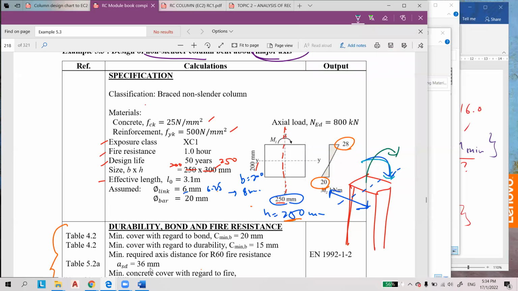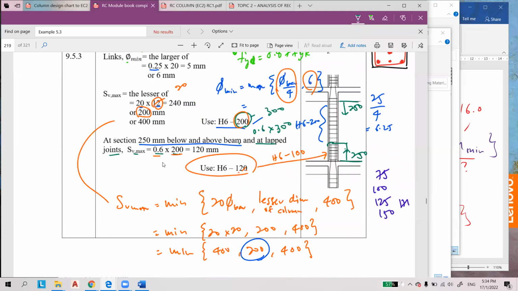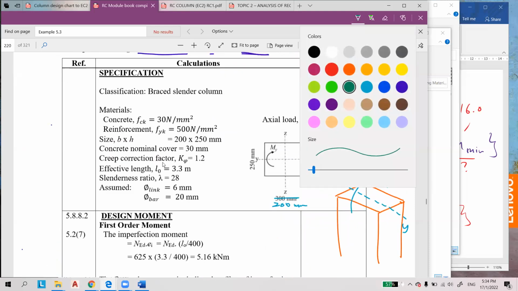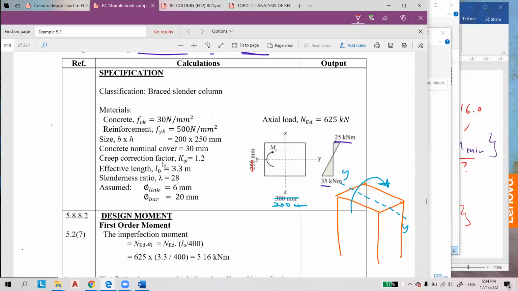So let's say this is the h, sorry, 250. In this example, it shall be like this: this is the side of 200, and this is the 250 mm.